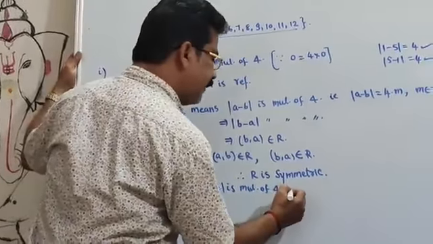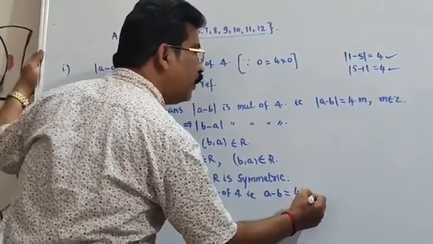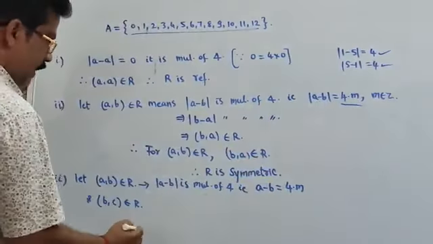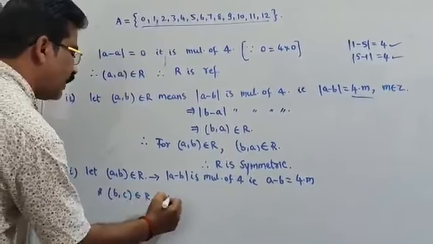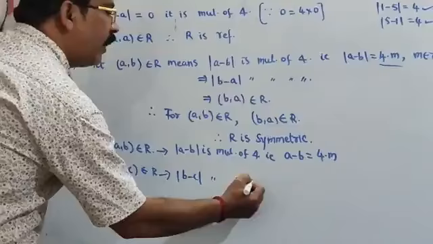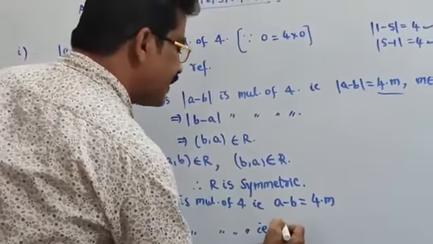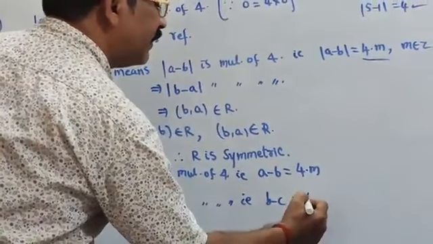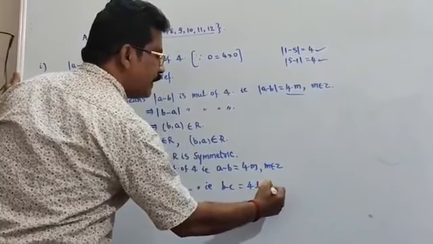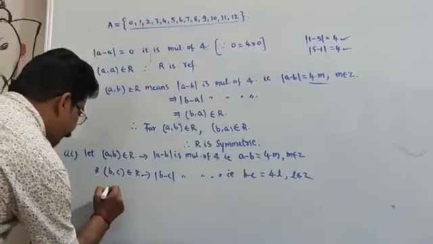So we can write it as a minus b is equal to 4 into m. We can write it with the modulus or without it. Next, what does it mean? Modulus of b minus c is a multiple of 4. That is, b minus c is equal to 4 into l, where m belongs to Z and l belongs to Z.